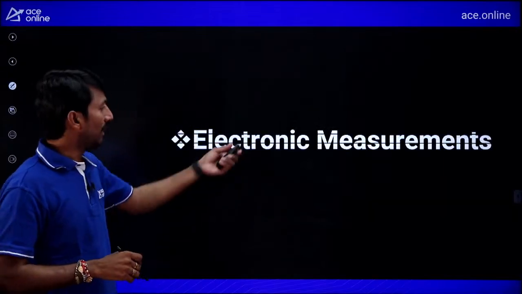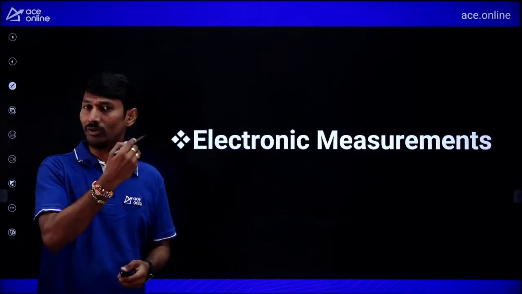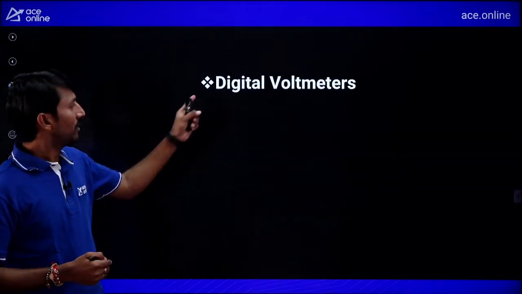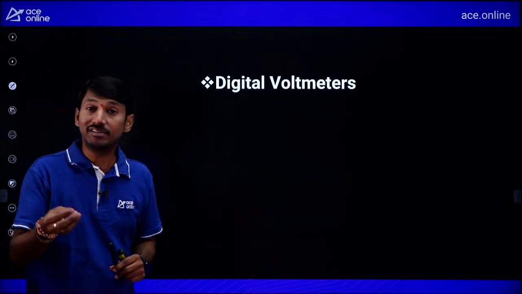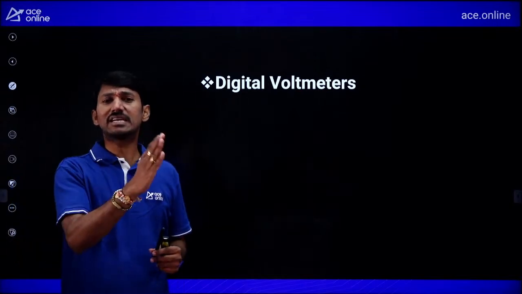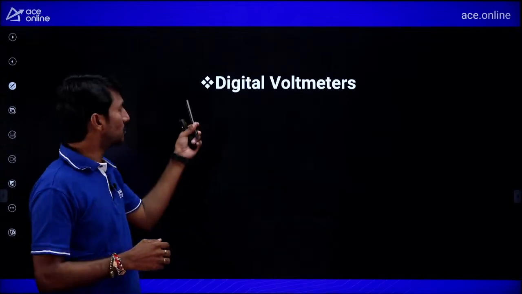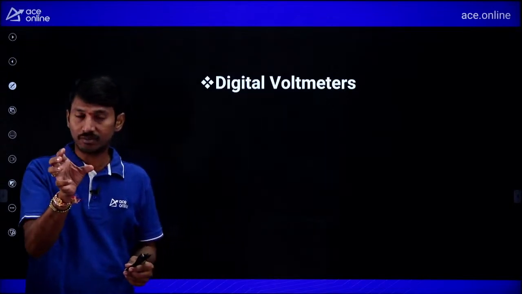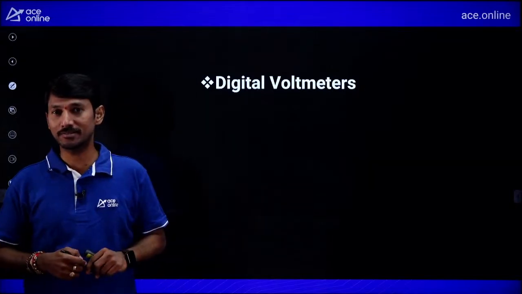And coming to the electronic measurements part, the syllabus is a little bit less compared to electrical measurements. First, digital voltmeters. How do we measure the values with the digital voltmeter? Digital voltmeter means discrete step signals, etc. What is the construction, what are the counters, what is the path, everything we are going to study in this.